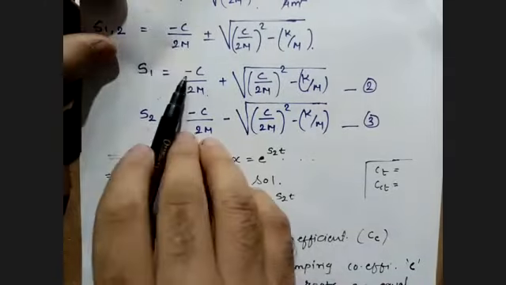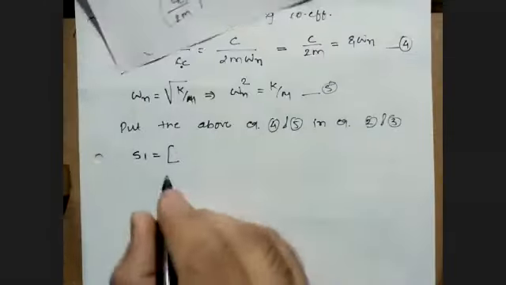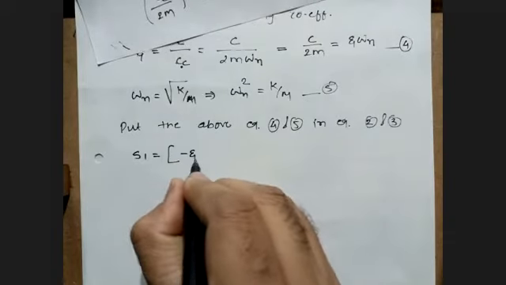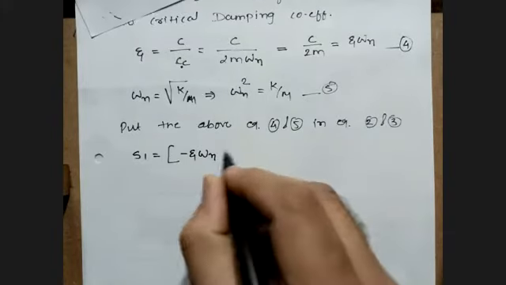Let's see it again. Here is a minus sign, so we can write minus zeta omega n. The plus sign stays as it is.